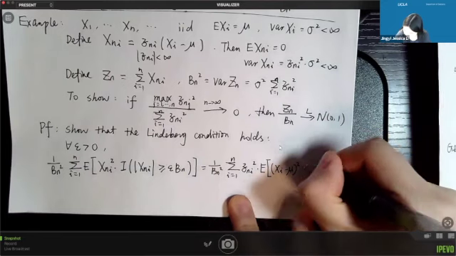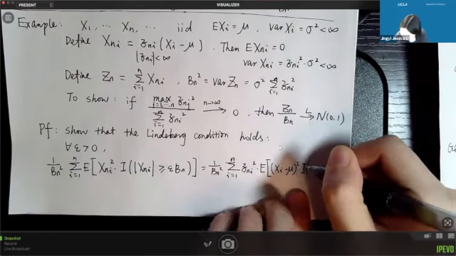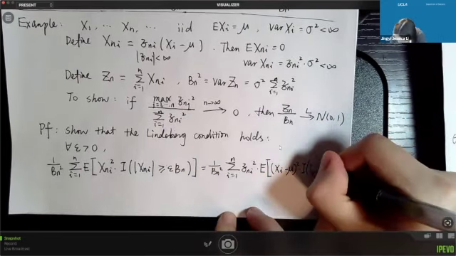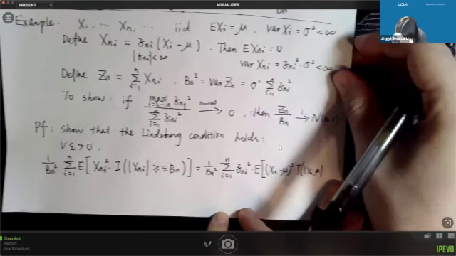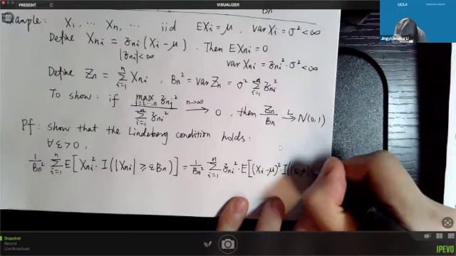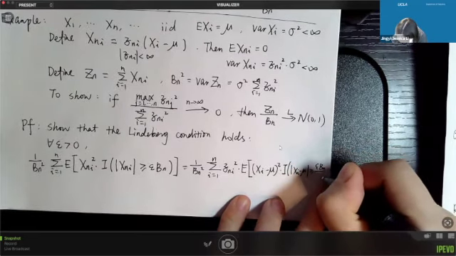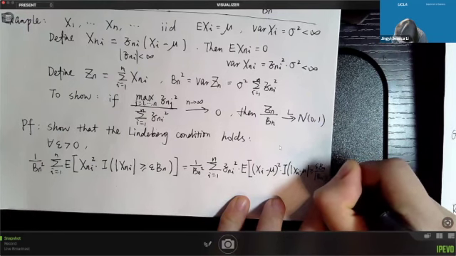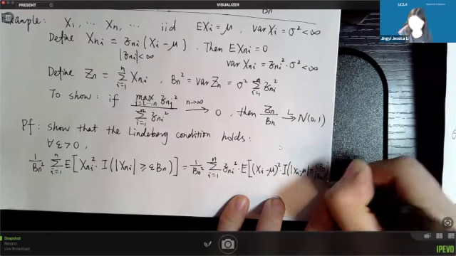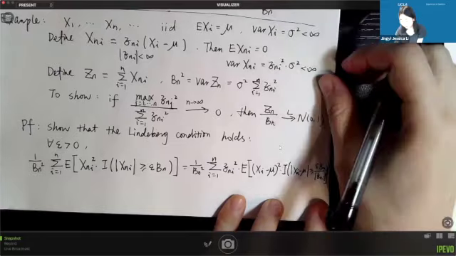Here, the indicator is actually that the absolute value of X_i minus mu is greater than or equal to epsilon b_n divided by the absolute value of z_ni. It's nothing special.